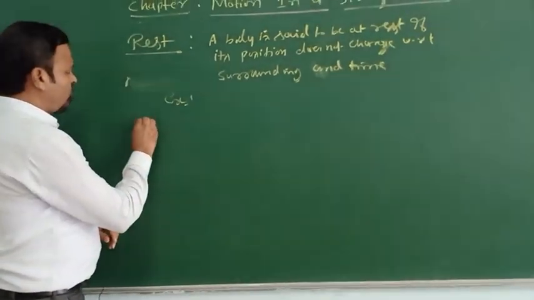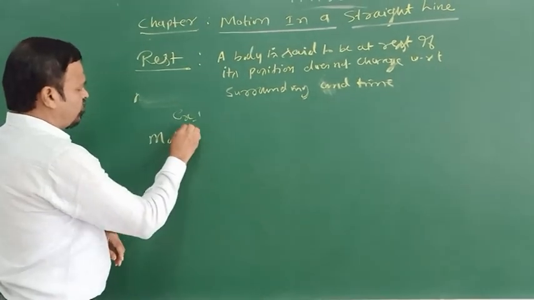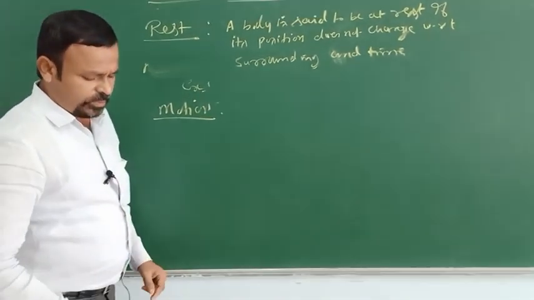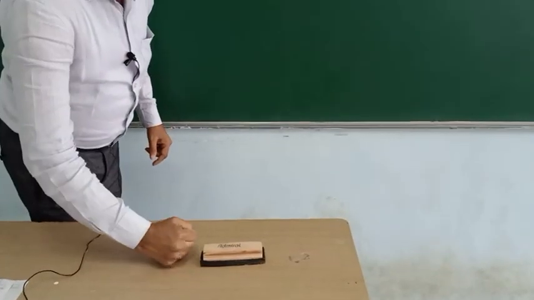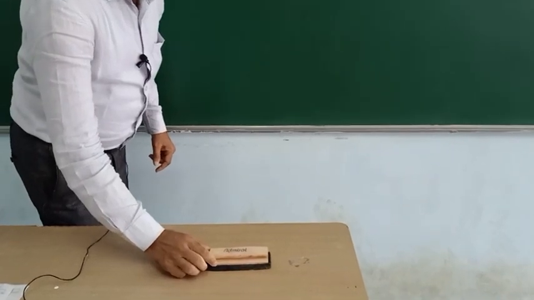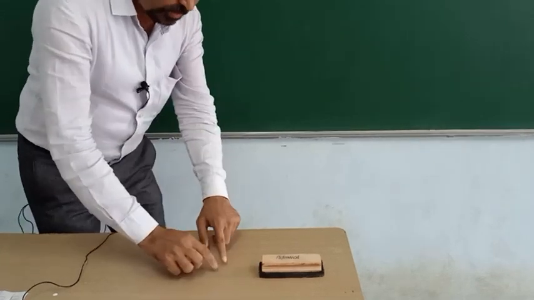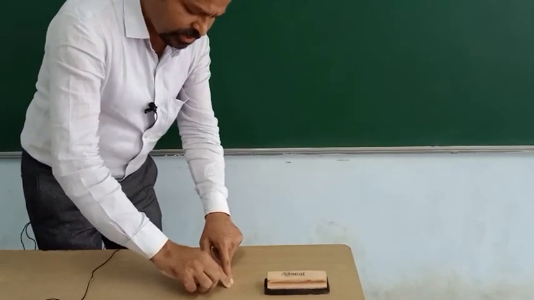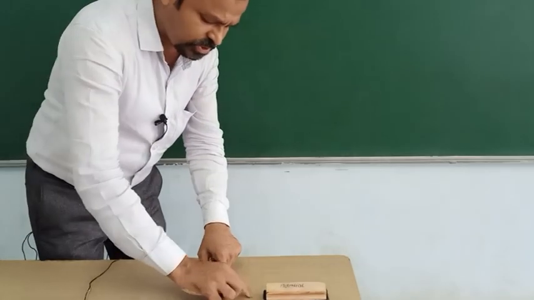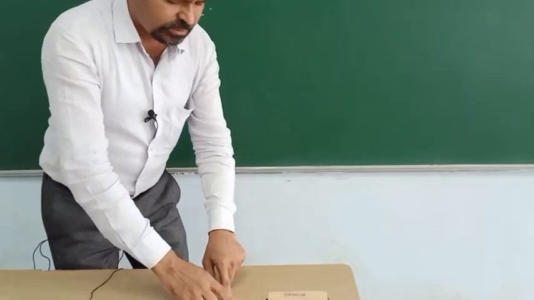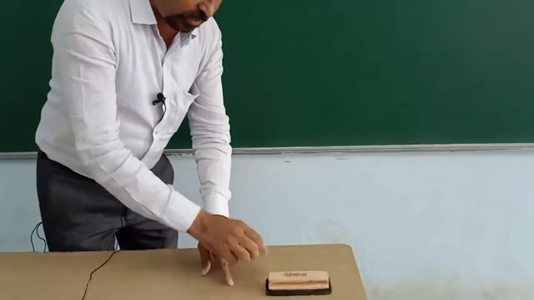Another one is motion. Now, suppose if you apply a force, the body starts to move like this. You just observe the initial position of the duster is this one. As time passes, the position goes on changing with respect to time and surrounding.